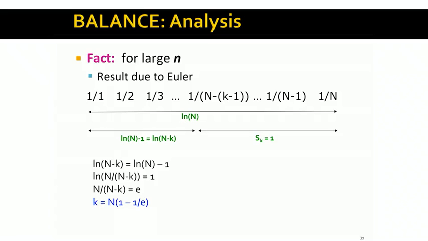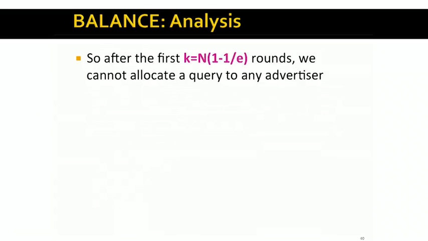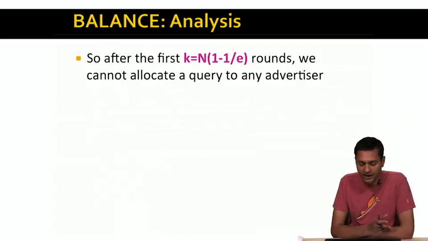So we've in fact found the k such that after k rounds, we've exhausted the budgets of all advertisers k through n, and therefore we cannot assign any queries to any advertiser. So after the first k rounds, and k is n times 1 minus 1 by e, we cannot allocate any query to any advertiser.